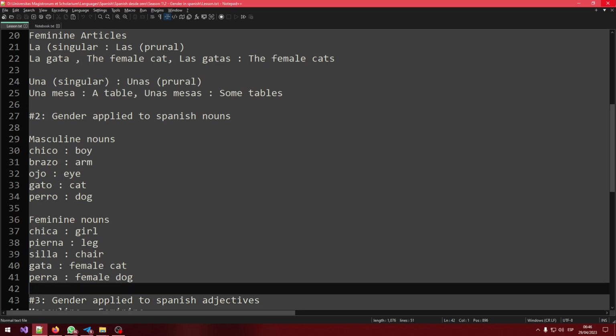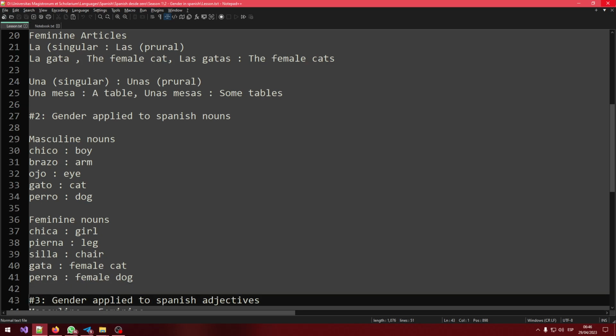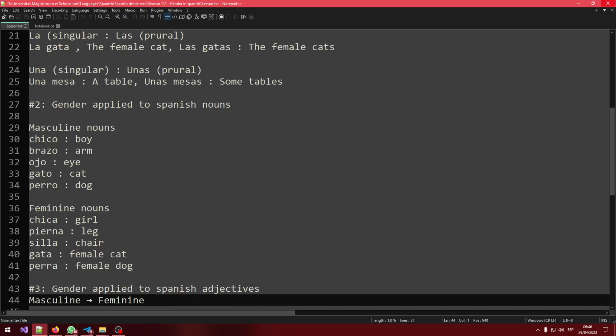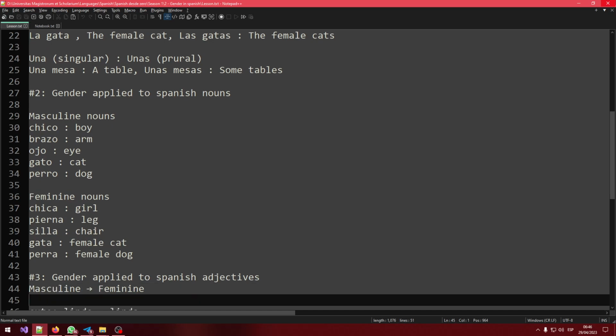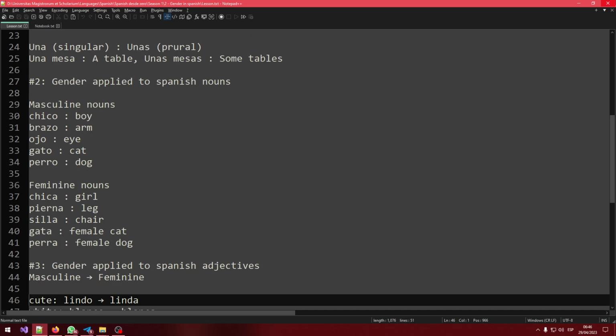So let's take a look at gender applied to Spanish adjectives. So in this case, we have the base masculine form, and we can take that masculine form into feminine form. So let's take a look at it. So how cute is lindo. Oh my god, I'm making two noises in the microphone.